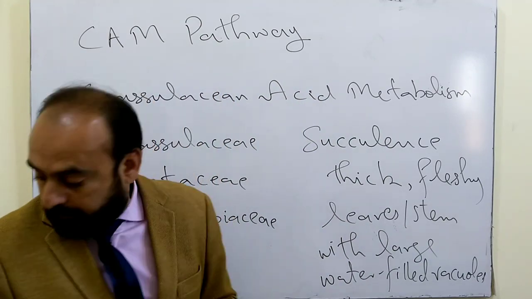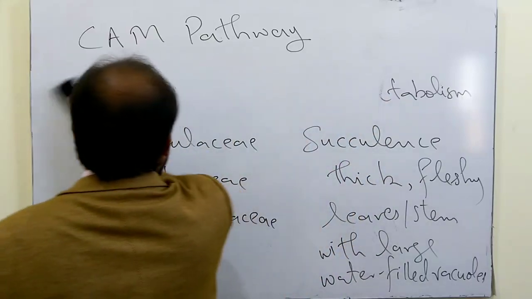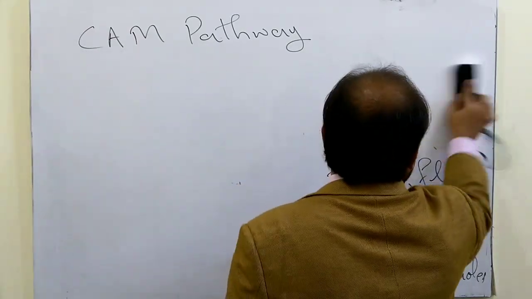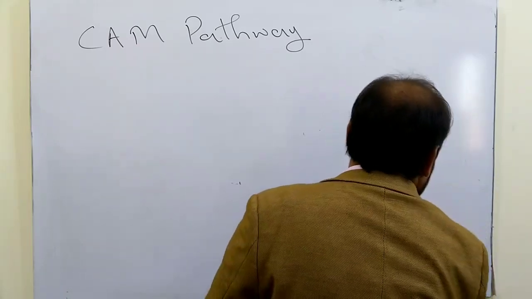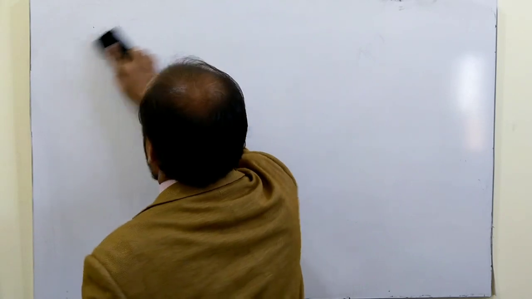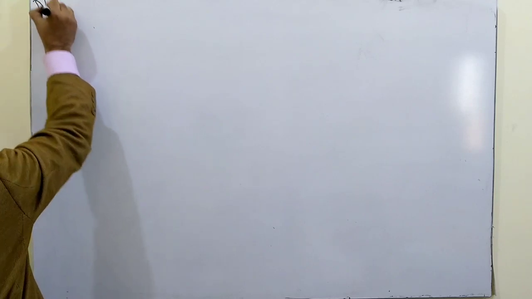So let me now draw the CAM pathway, how they fix carbon dioxide during night time and how they keep their stomata closed during daytime. So first, what happens during night time?